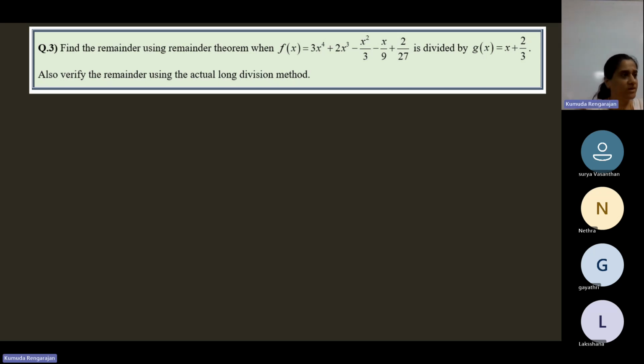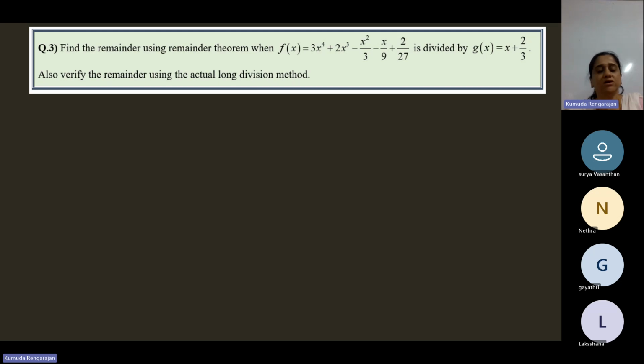X plus 2 by 3 is equal to 0. X is equal to minus 2 by 3. So you must find f of minus 2 by 3. We'll have to find the value of x. We'll have to equate it to 0, right? X plus 2 by 3 is equal to 0. So x is equal to minus 2 by 3. Plus 2 by 3 on the other side will be minus 2 by 3.